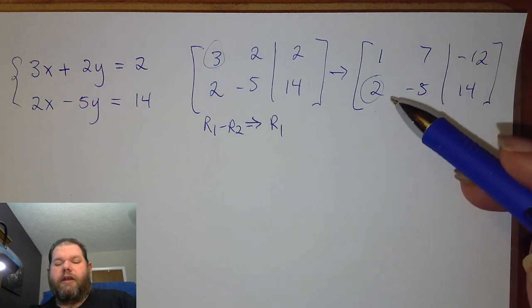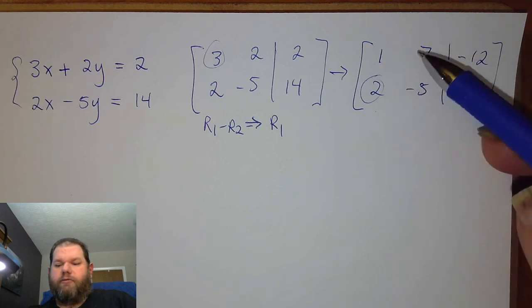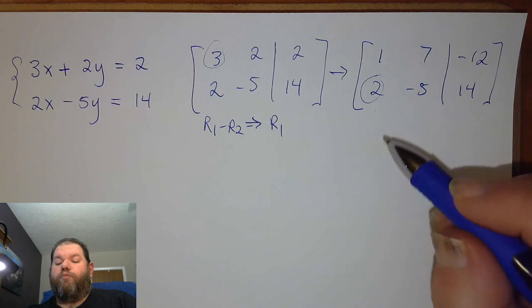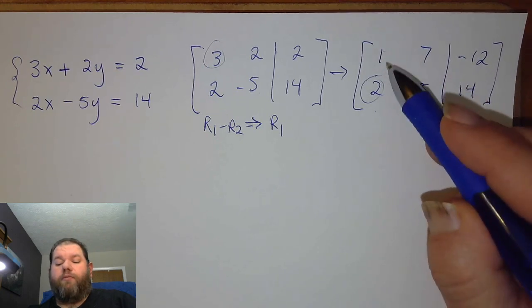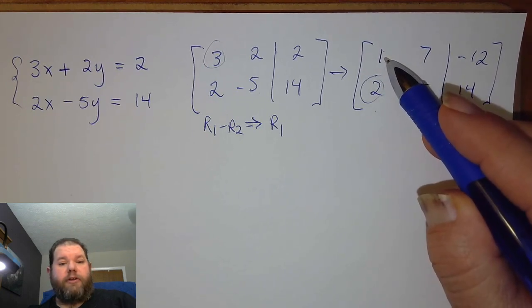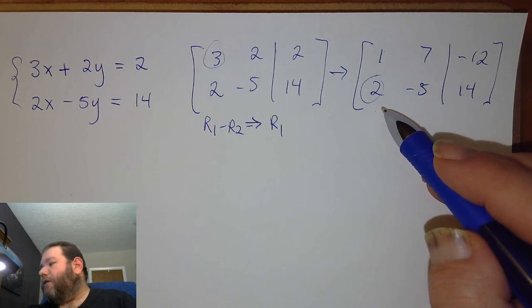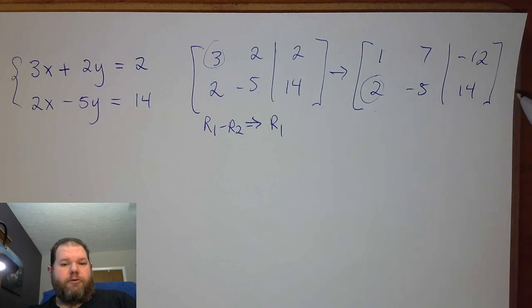So we can never just say minus 3 or plus 2 or anything like that. We could multiply row 1 by a number and then combine that with row 2. That's a possibility. We can't just subtract a number from a row.